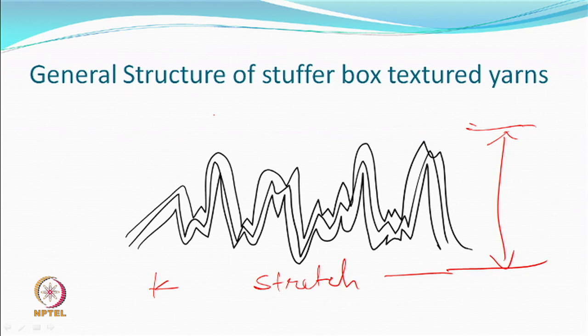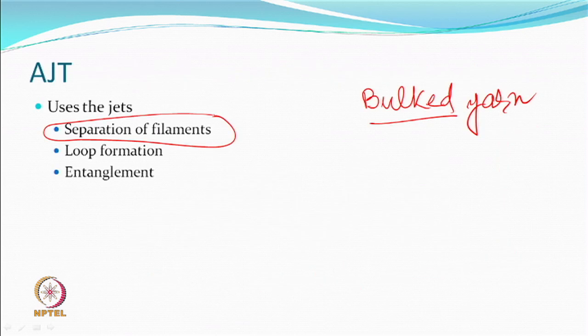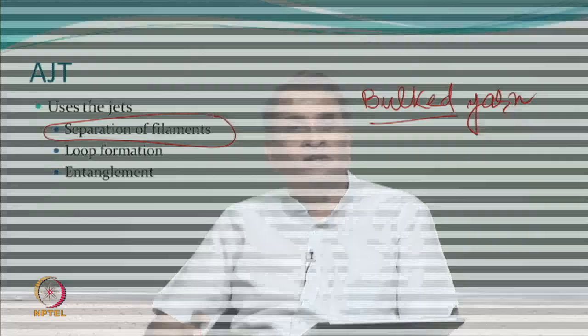In the previous case, you are not separating the filaments, you are bending the whole multifilament. Now, that is fine, one can do that, but if at the same time you could also separate the filaments, then maybe you will get a different product. There is nothing called a loop formation here, but crimp formation definitely is what we are looking for. As far as AGT is concerned, entanglement is part of the game and you produce a bulk yarn.